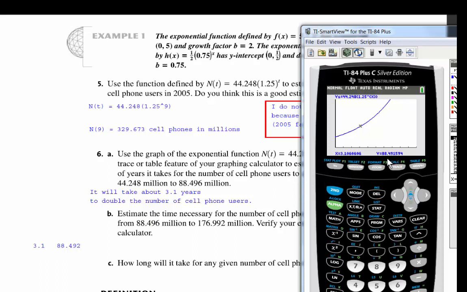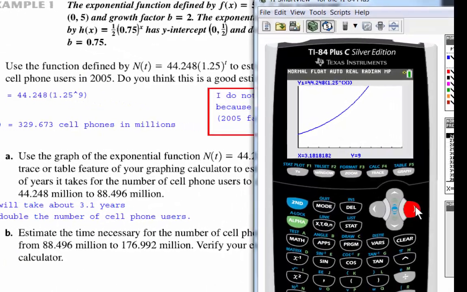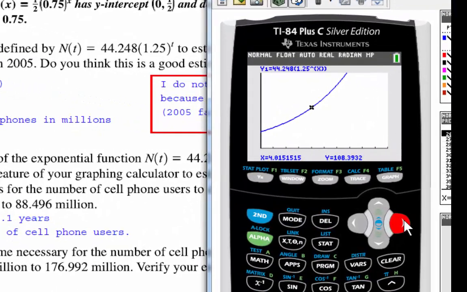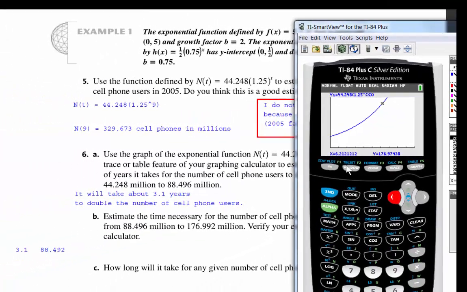So I want to know how long does it take to double. Remember, this x, this 3.1, represents the number of years past 1996. So to go from 88 to 176, I'm going to press the right arrow until I get to this 176 number. Looks like I have to press it quite a few times. Oops, I went past it. Here we go, 176.97. So that's close enough. So I'm going to write my value of x and y.